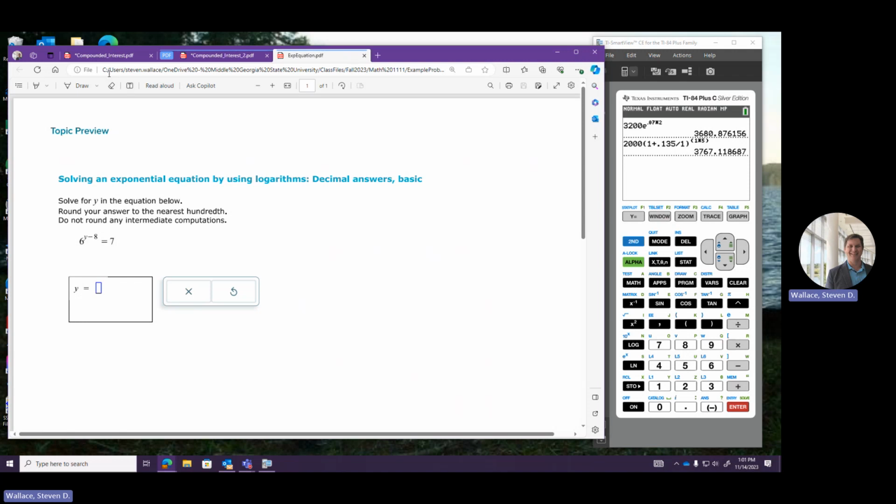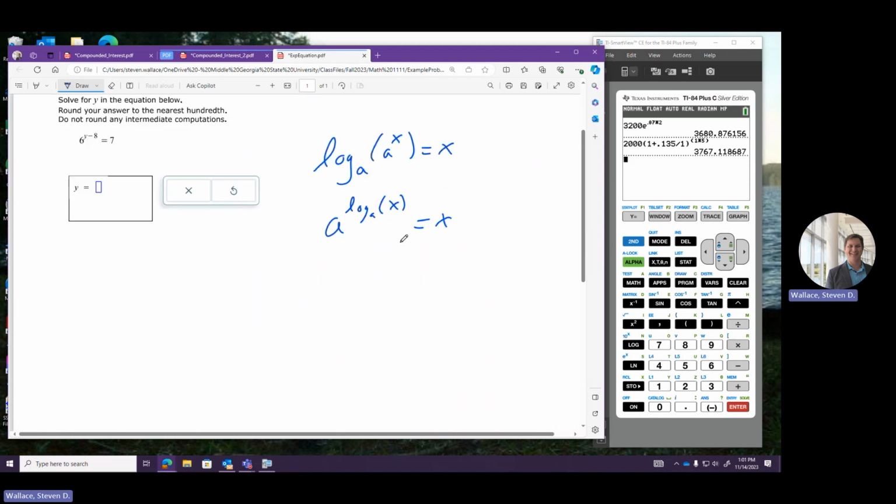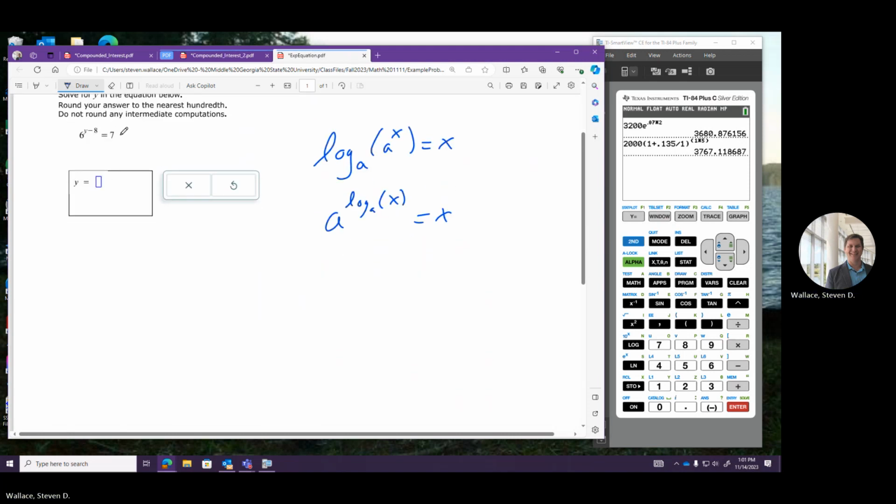So a logarithm has the property that log base a of a to the x is x, or a to the log base a of x is x. So a logarithm kind of cancels out an exponential. So if we want to change this thing so that we can get the y by itself, what I would do is I would take log base 6 of both sides. That's one way you can think of doing this.